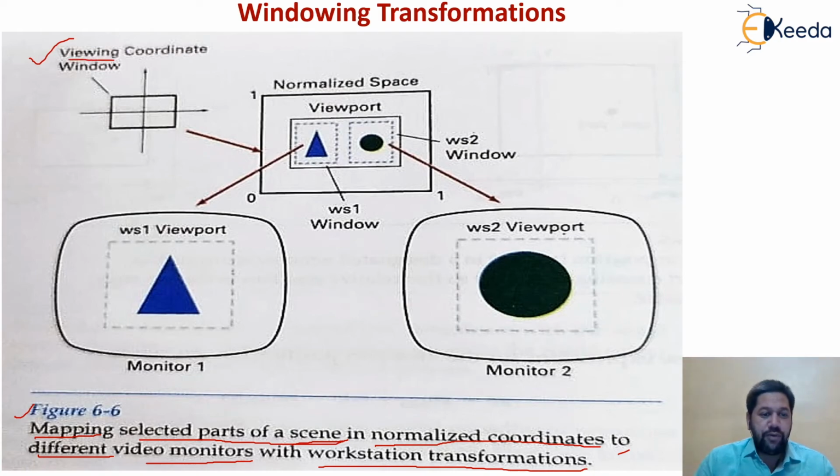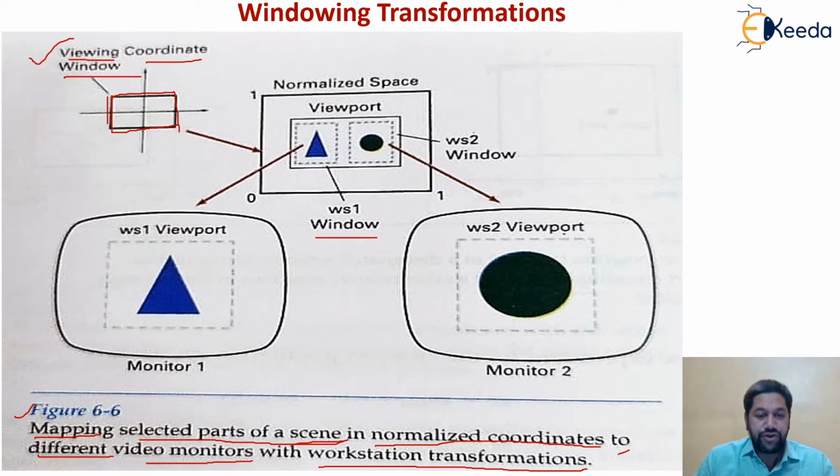See, this is my viewing coordinate window. What is meant by viewing coordinate window? How can I visualize this in my windowing transformation? Now, when I am achieving this normalization, I consider this my window.